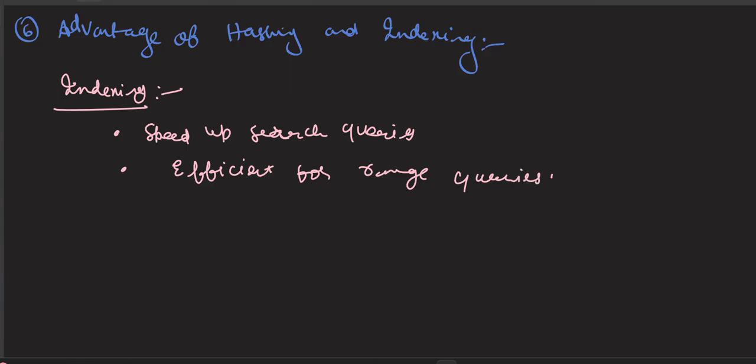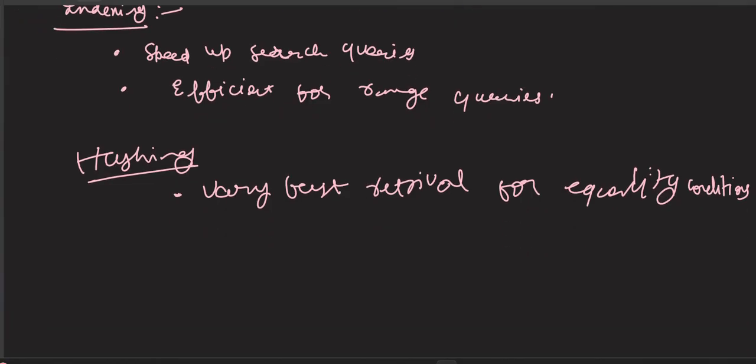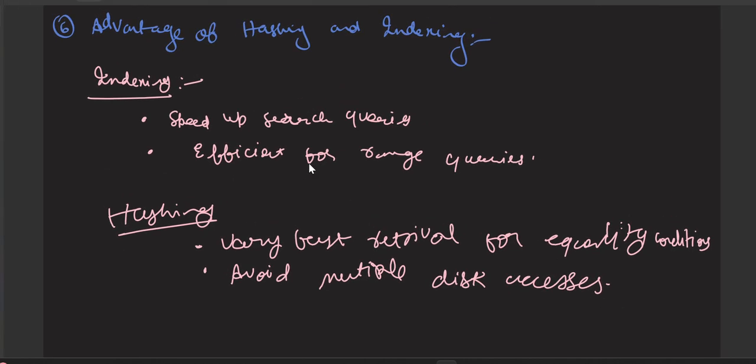If we talk about the advantages of hashing, it gives very fast retrieval for equality conditions, and it avoids multiple disk accesses. Okay, so just write it down.